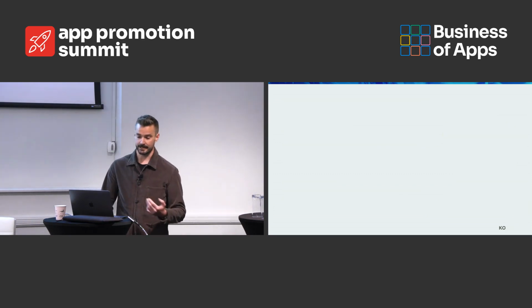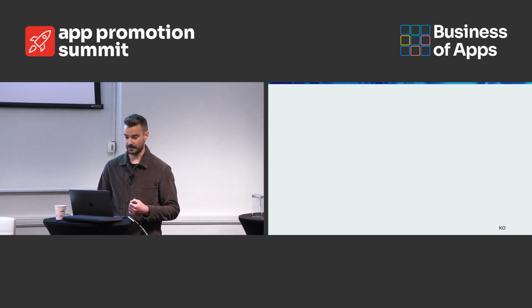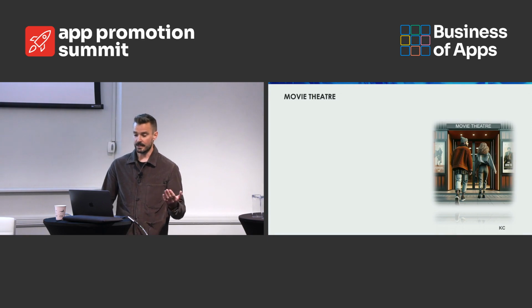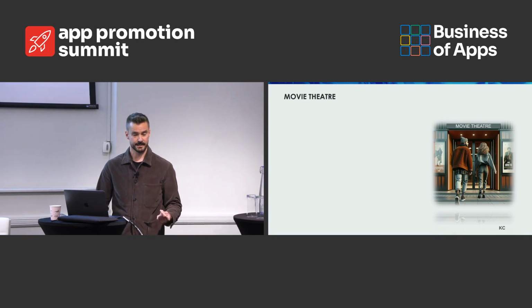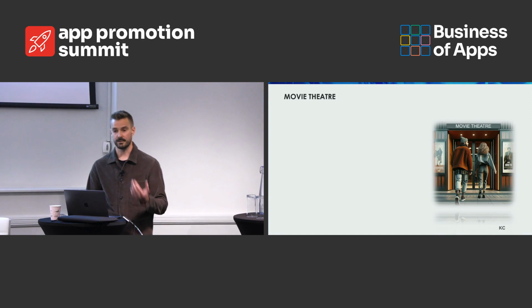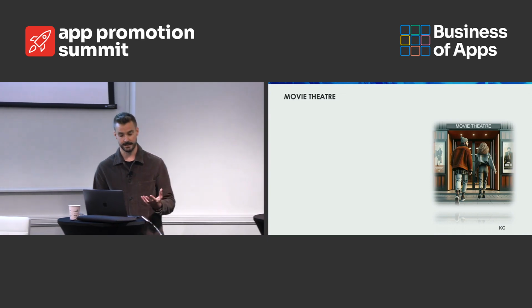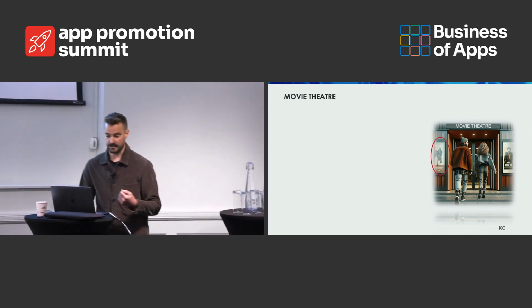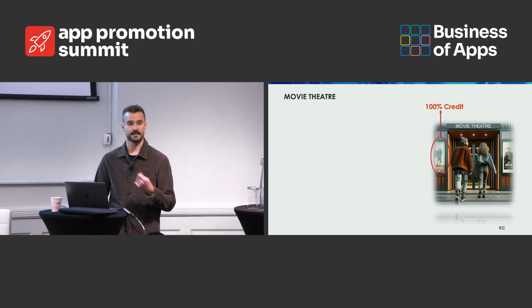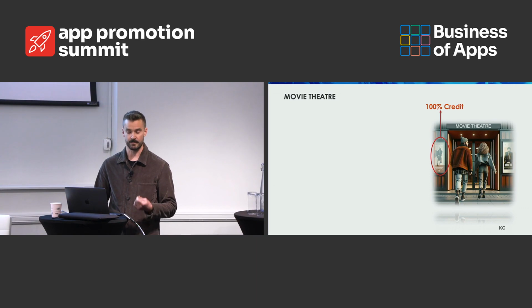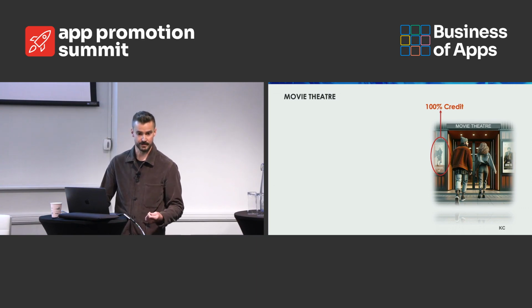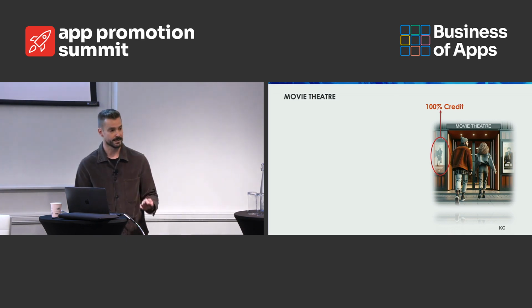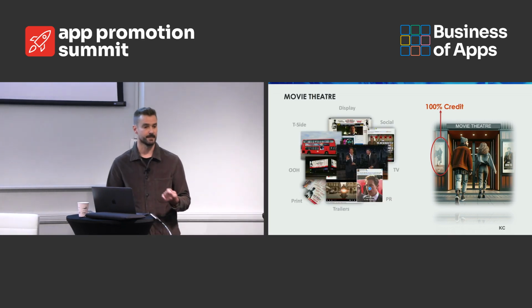So let's break it down into a couple of different analogies. Every time you go to the cinema to see a new film, there's always a poster for the film next to the door of the screen that you're about to go into. In last touch attribution world, 100% of the credit would go to that movie theatre poster, when in reality, what's actually influenced you to go to the movie theatre and buy a ticket for that film is a marketing mix.